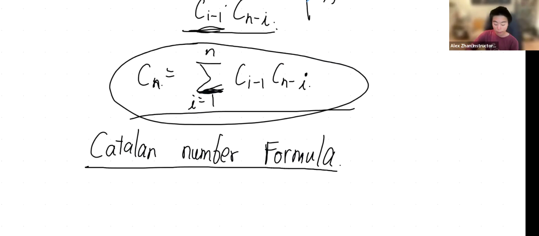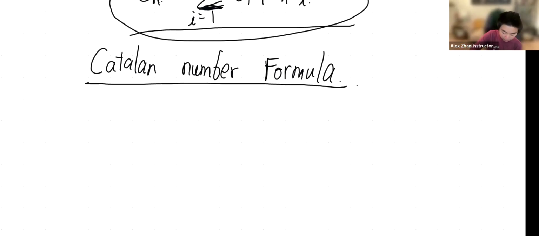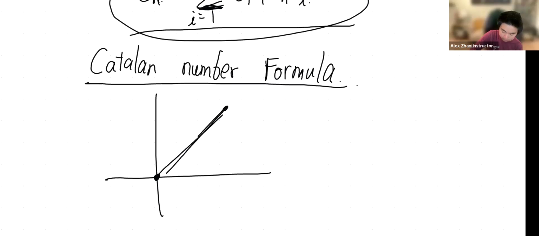We will use our original definition of Catalan numbers. If you remember, our original definition was the number of ways to go from (0,0) to (n,n) while staying beneath this line.